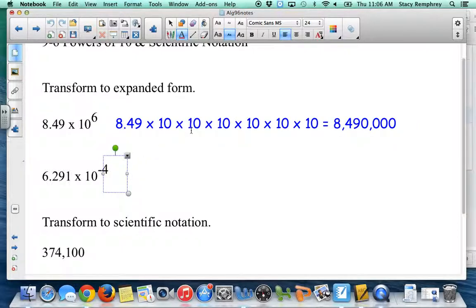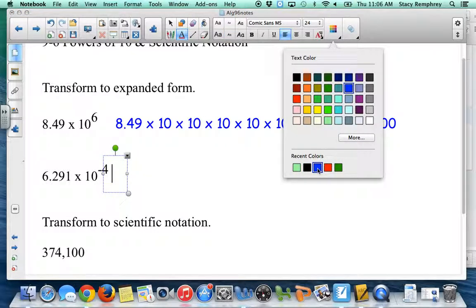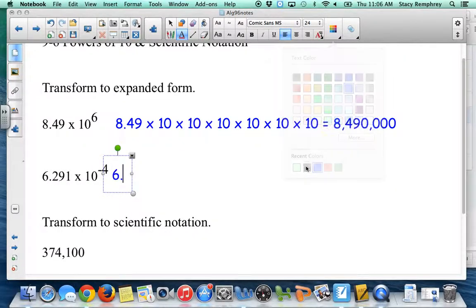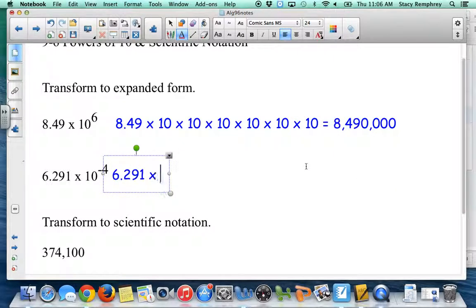Down here, I have 6.291 times 10 to the negative 4th. Now, 10 to the negative power is repeated division, where positive exponents mean multiply by 10 six times, negative exponents mean divide by 10 four times.